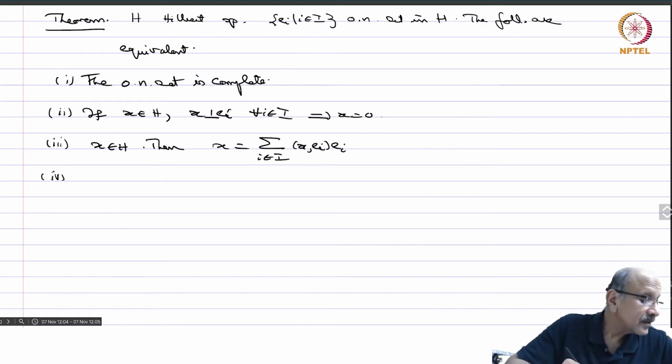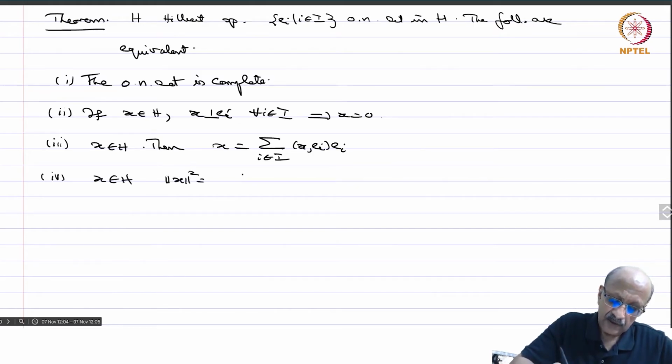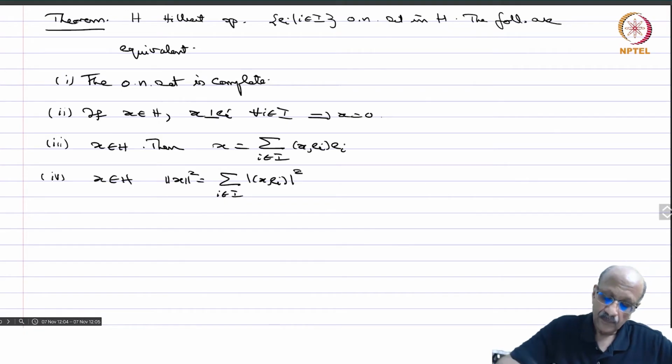Four, for x in H, norm x squared is equal to the sum over i in I of mod (x, e_i) squared. This is called Parseval's identity.